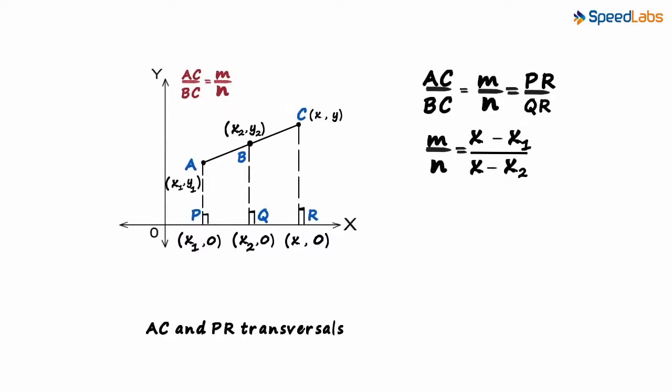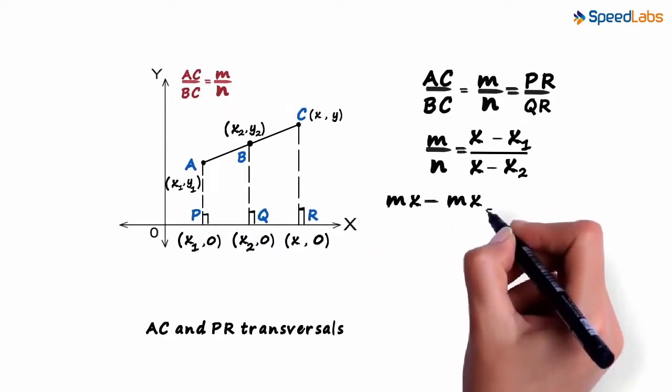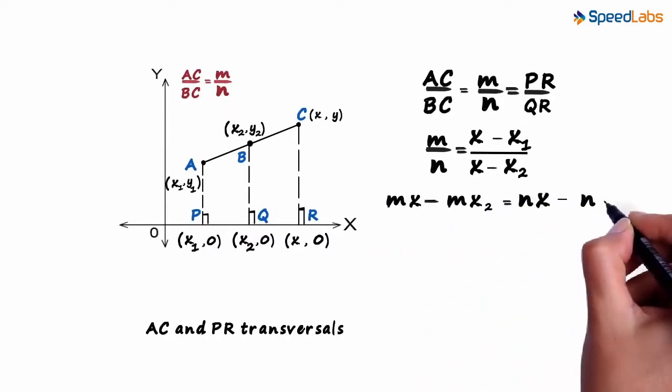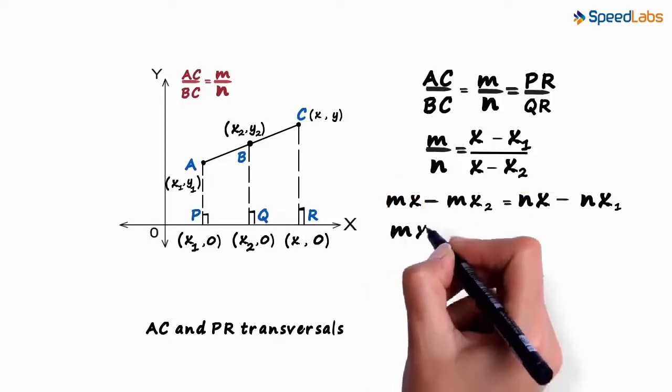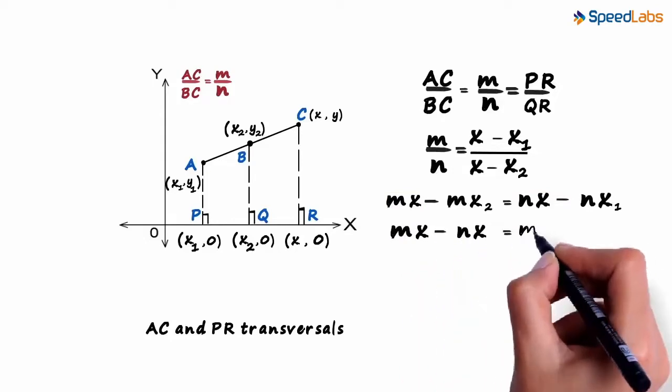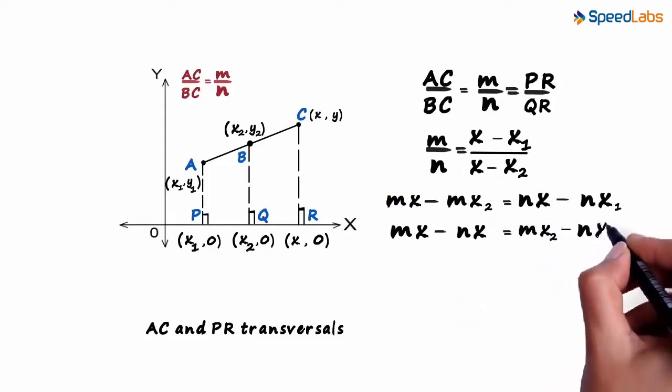Cross-multiplying, we get mx minus mx2 equal to nx minus nx1. As we want the x-coordinate, we have to get all terms that have x in them to the left-hand side. Transposing this term here, mx minus nx will equal mx2 minus nx1.